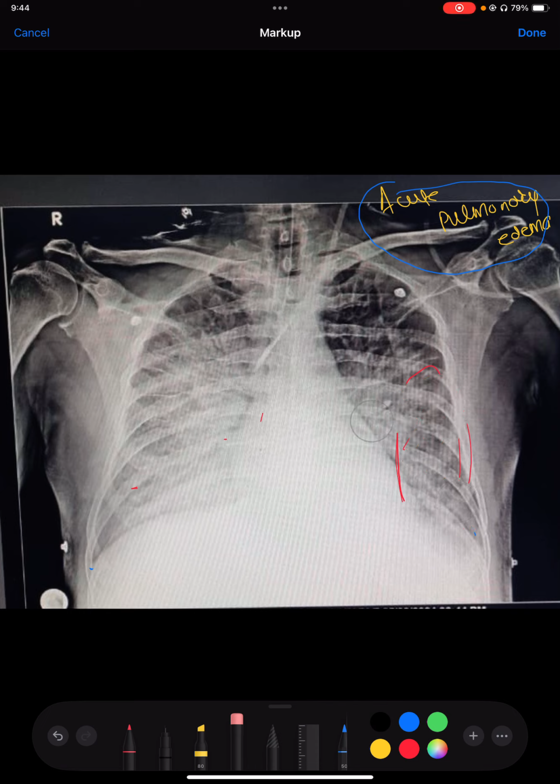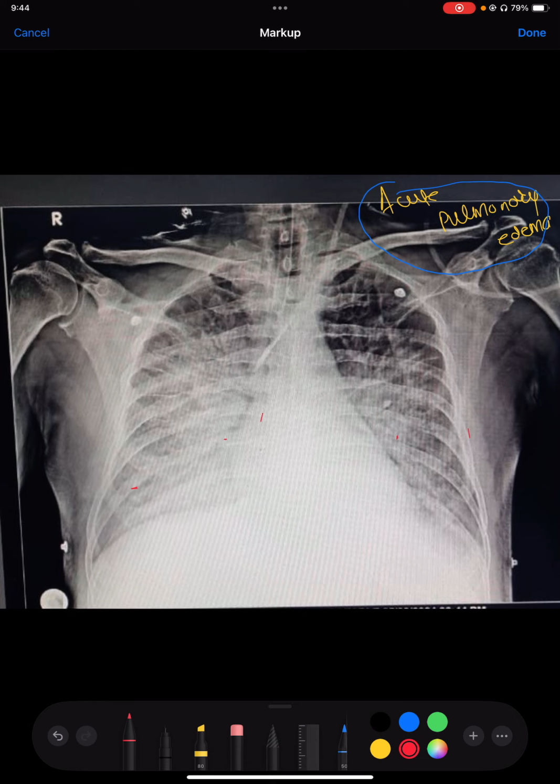And in any effusion, most of the time it will first block this angle. But as we can see, the angles look okay. Those angles are not blocked. This is the costophrenic angle and these are not blocked, so there is not much pleural effusion.